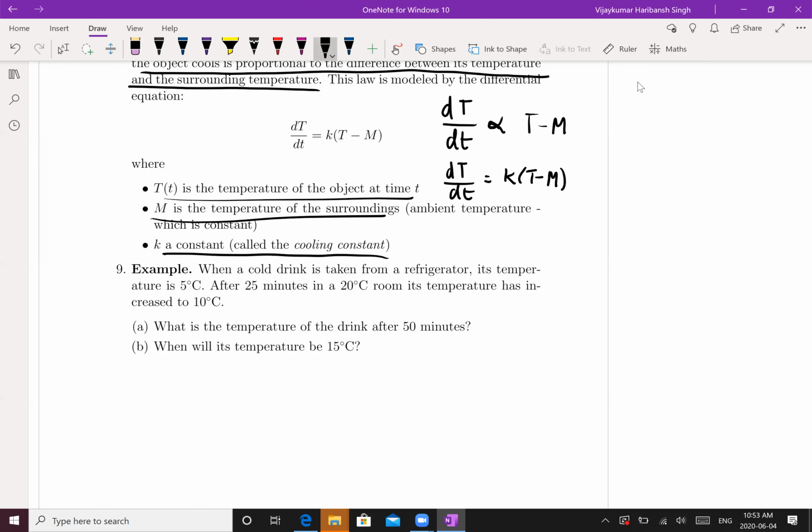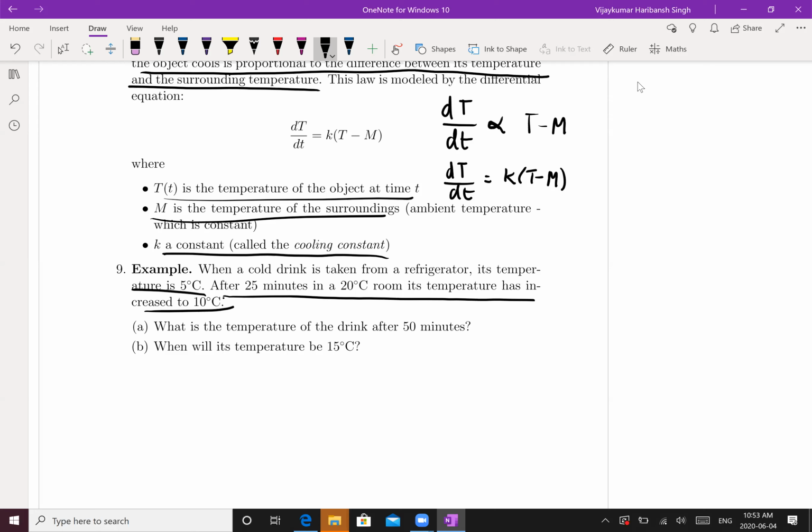When a cold drink is taken from the refrigerator, its temperature is 5 degrees. After 25 minutes in a 20-degree room, its temperature has increased to 10 degrees. What is the temperature of the drink after 50 minutes? When will its temperature be 15 degrees? Okay, so let's try to solve it.